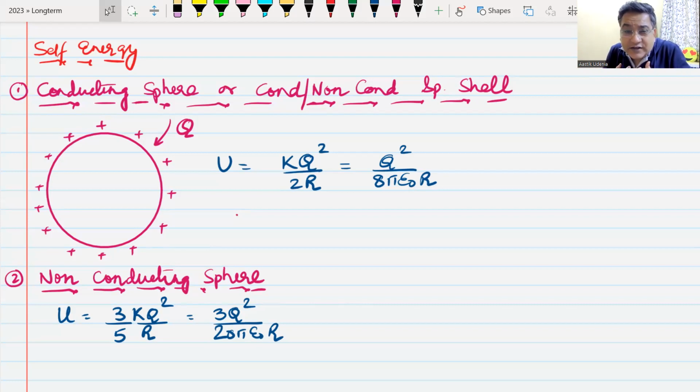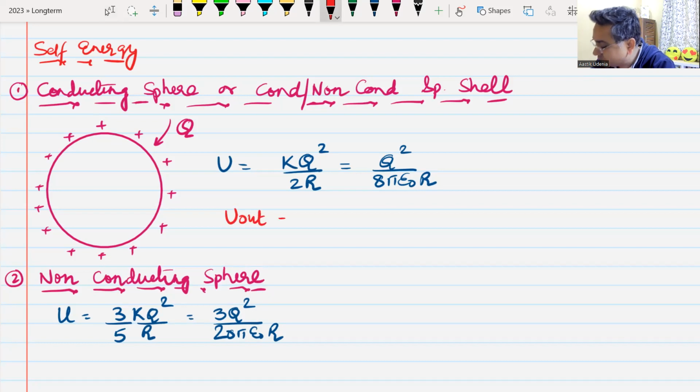Where is it stored? Outside, in the outer space. The self energy of this body is energy stored outside, q square by 8 pi epsilon naught r. This much energy is stored outside.